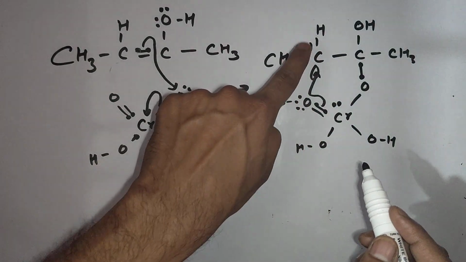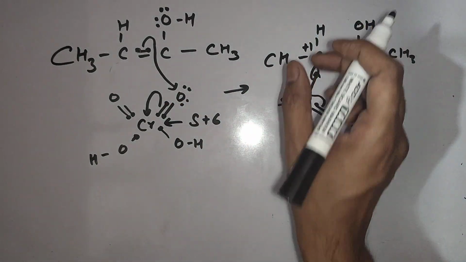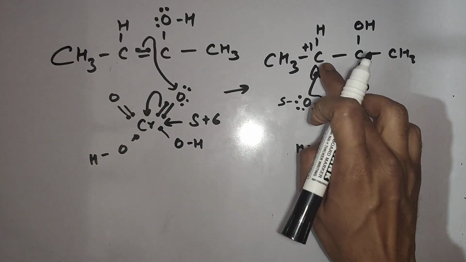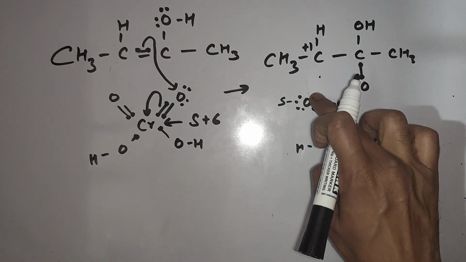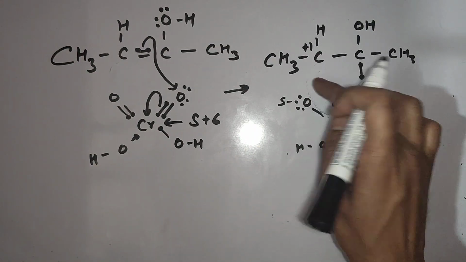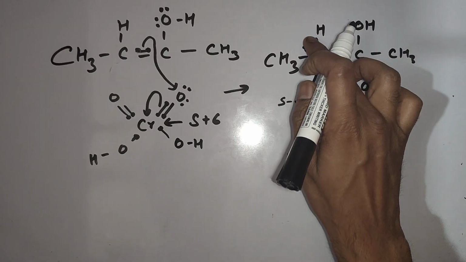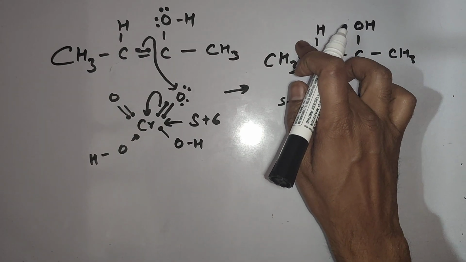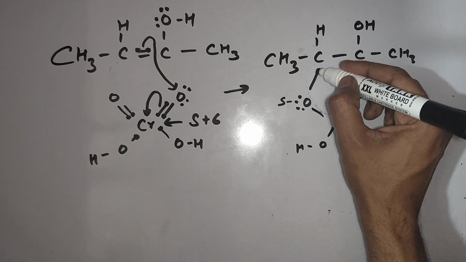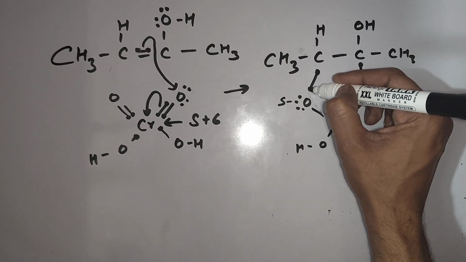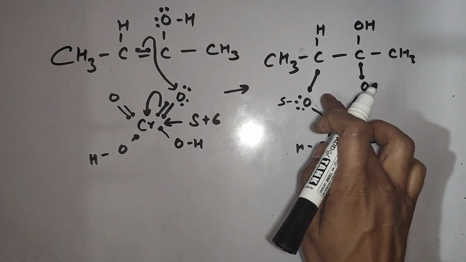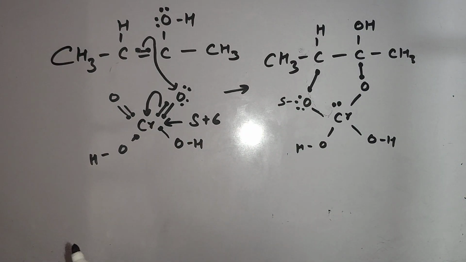So between this oxygen and this carbon, a bond will break and a bond will generate, that I am writing here directly. Let's draw it. This one. So the positive charge of carbon will finish because one electron is completely transferred toward carbon, and one it is keeping with itself. This will be the condition.